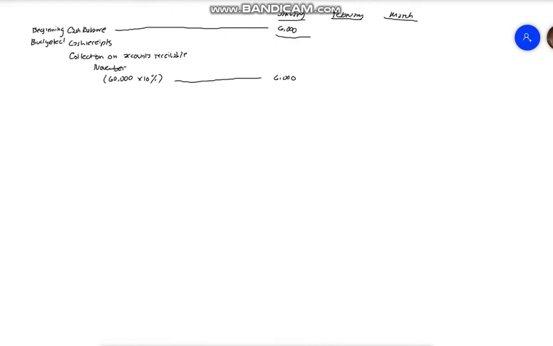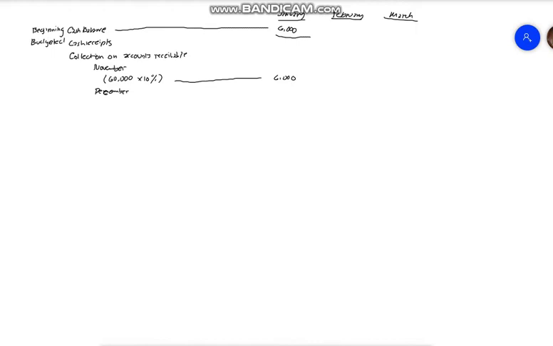So how about December? For December, again, it states there that 25% would be collected on the month of sale, 60% on the first month, and 10% on the second month.